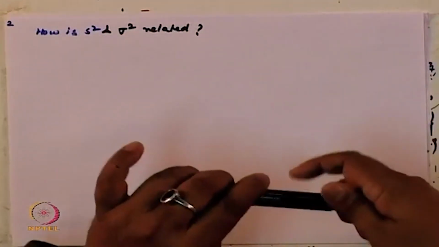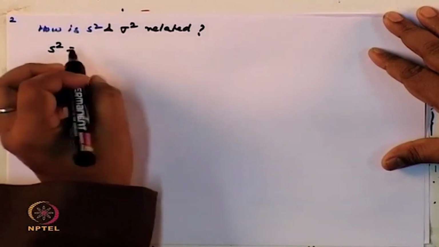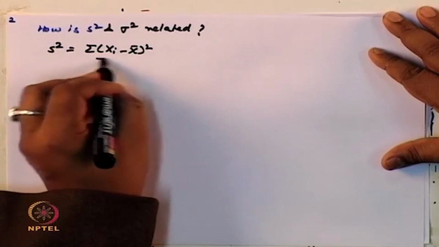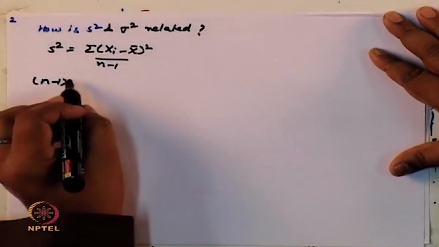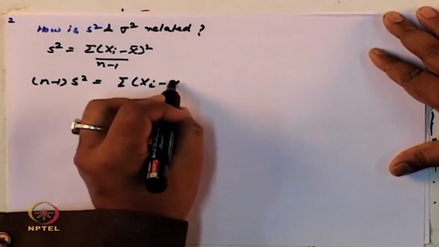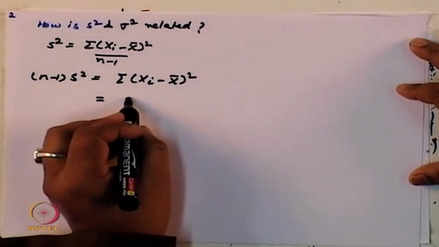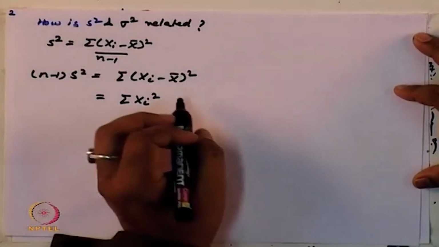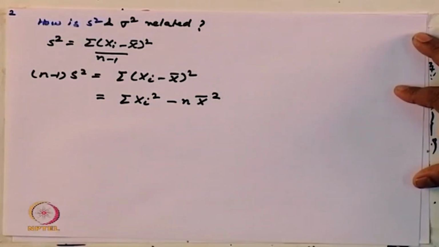Since S square is defined as the summation of (Xi minus X bar) whole square by n minus 1, I can write n minus 1 times S square equal to the summation of (Xi minus X bar) whole square. Now this I can expand, and as we have done before, it can be shown that this comes out to be summation Xi square minus n X bar square.